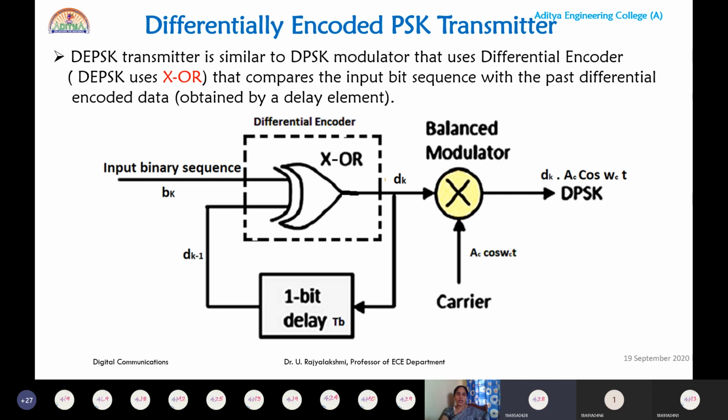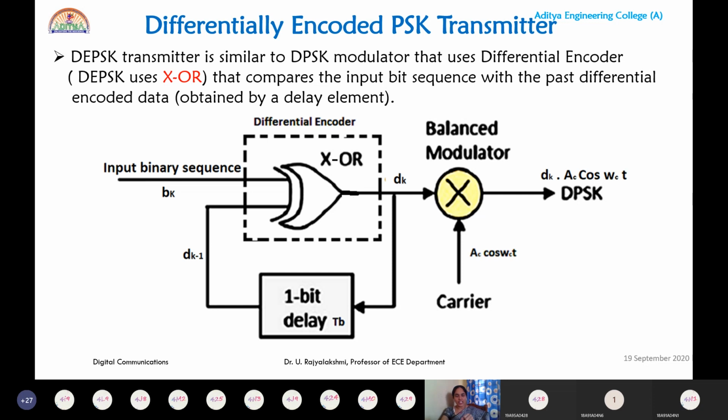How many possibilities are there when BK equals DK minus 1? 0, 0, or both can be 1. And when BK is not equal to DK minus 1, the possible combinations are 1, 1, 0, 0. Yes, very good. So when BK is not equal to DK minus 1, the output DK is 1. When BK is equal to DK minus 1, the output DK is 0.